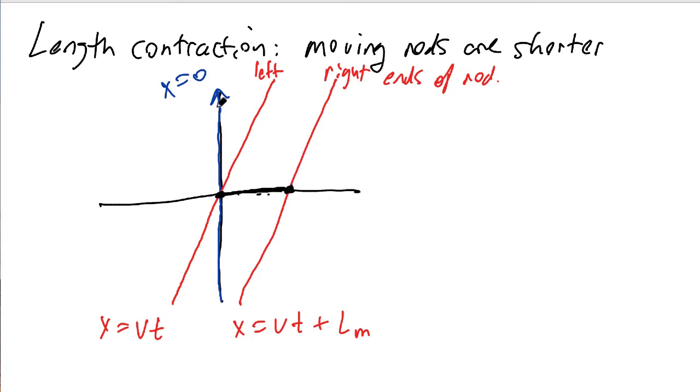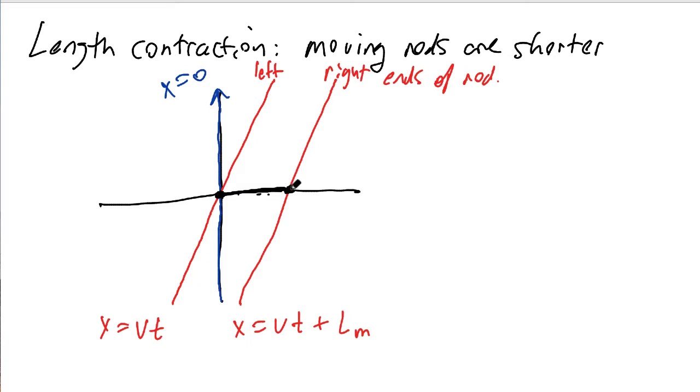So if this observer wants to determine the length of the rod, what this person can do is to check the location of left and right ends at the same time, simultaneous with one another, and then see what the proper distance is between those events. So just as the left end crosses the origin, this observer says, well, this is where the right end is at that same time.